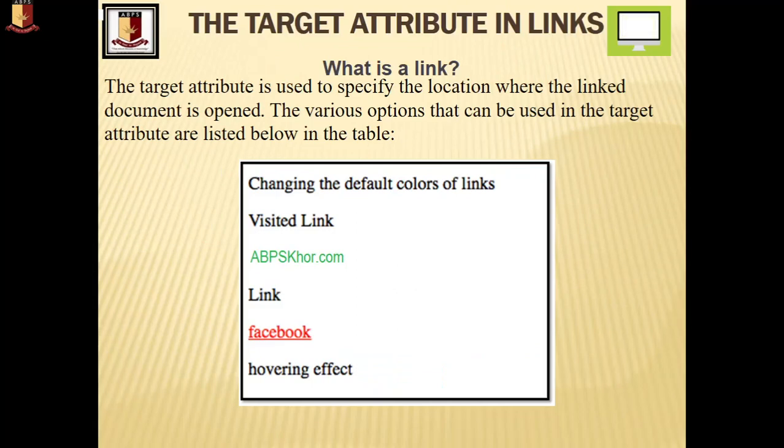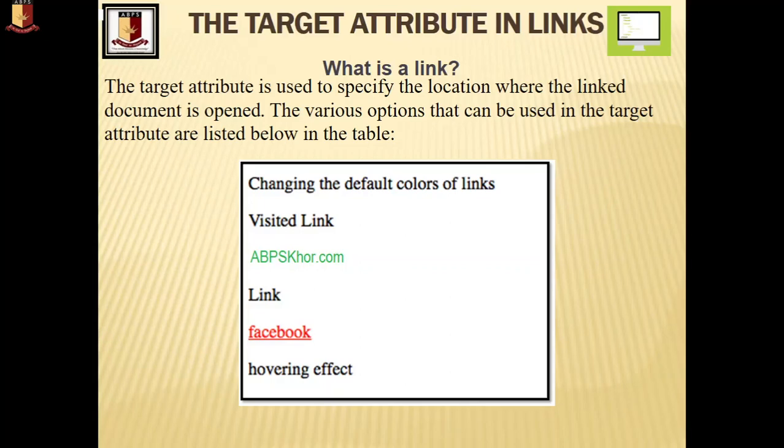So the target attribute is used to specify the location where the linked document is opened. The various options that can be used with the target attribute are listed below in this table. Sometimes if you use the internet, you observe that when you click on a link, that link takes you to another tab of Chrome, Internet Explorer or Edge, whatever you are using.